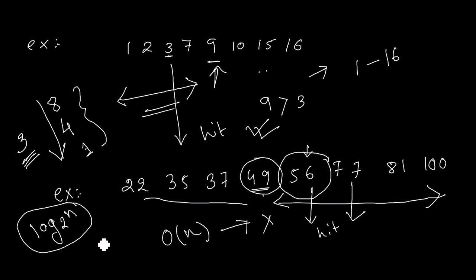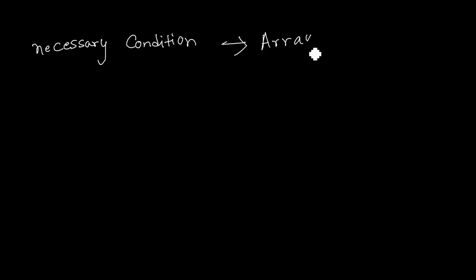So this is actually our binary search, where instead of order of n we can search one element in log of n time. And now there are some questions, like, what is the necessary condition for binary search? Obviously the array should be sorted, otherwise we won't be able to apply binary search.